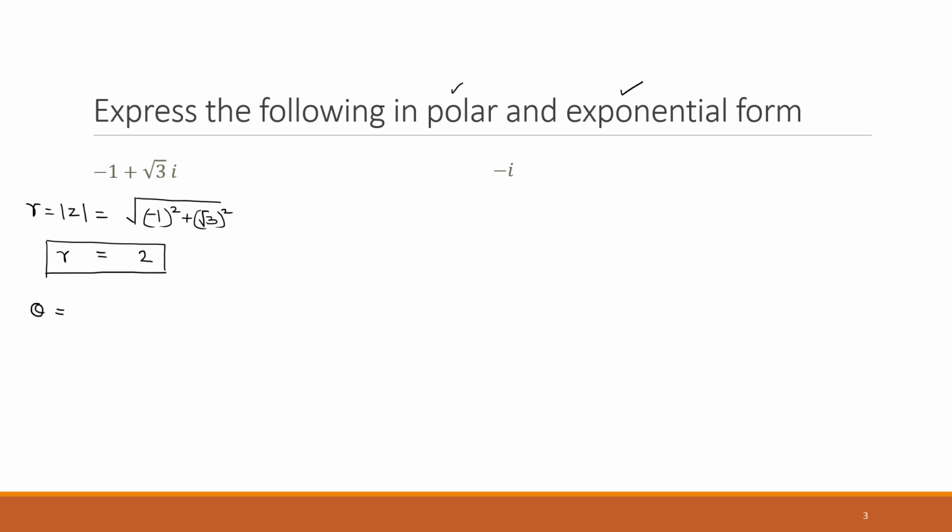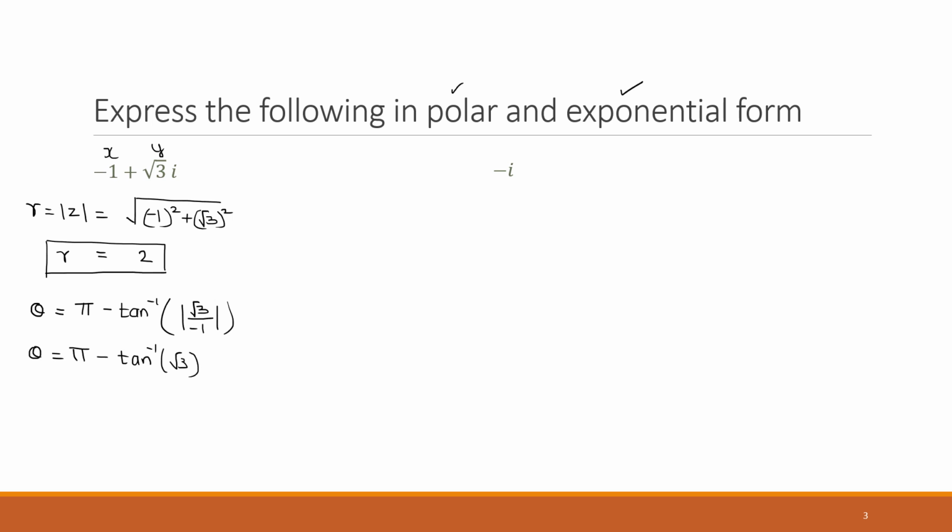Now theta. Tell me which quadrant this is lying in. It is lying in the second quadrant. Why? Because x is negative and y is positive. X is negative, y is positive, so the concept remains the same. So here theta will be pi minus tan inverse of modulus of root 3 upon minus 1. So theta will be pi minus tan inverse root 3. Now tan is root 3 for which angle?